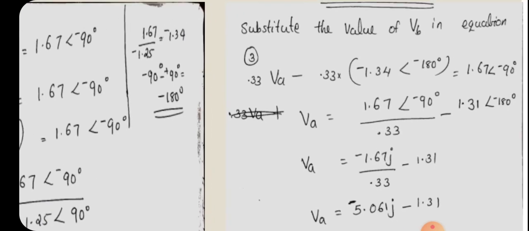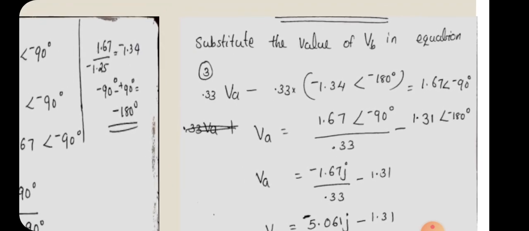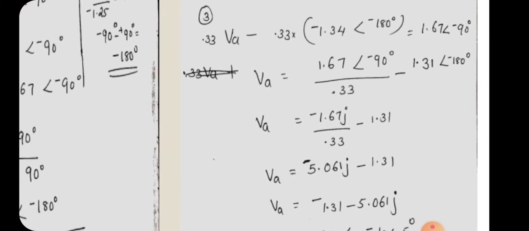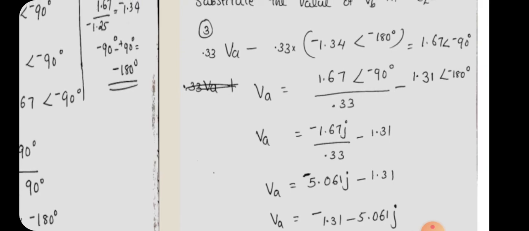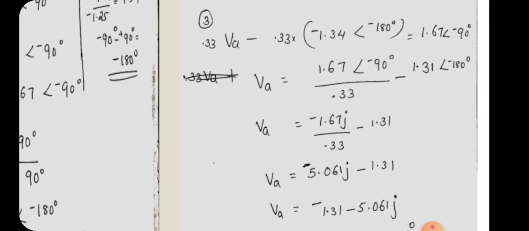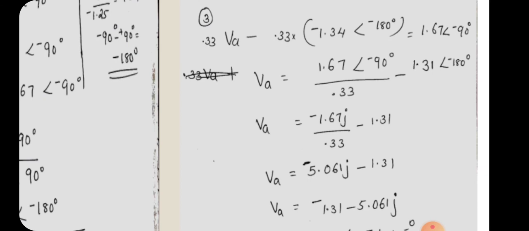In order to find out the value of VA, we can substitute the VB value in any one of the equations. Here I am substituting the VB value in equation number 3. So I got 0.33 VA minus 0.33, and instead of VB I am writing minus 1.34 angle minus 180 degree. So VA can be written as VA equal to 1.67 angle minus 90 by 0.33 minus 1.34 angle minus 180.